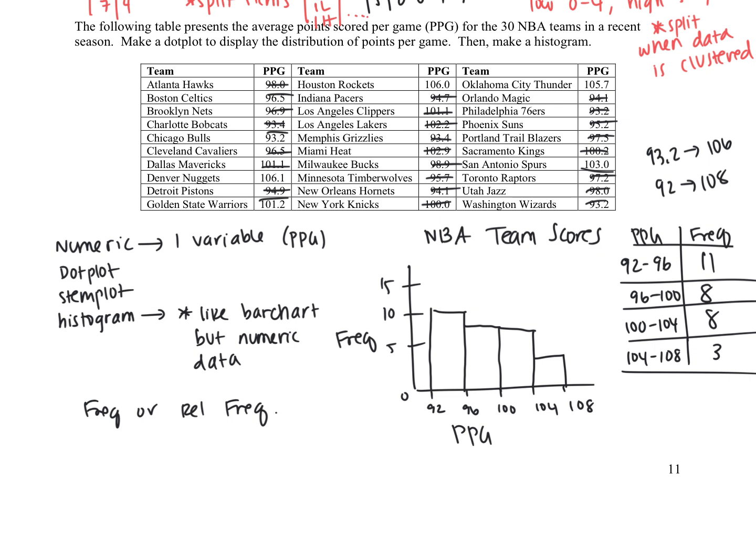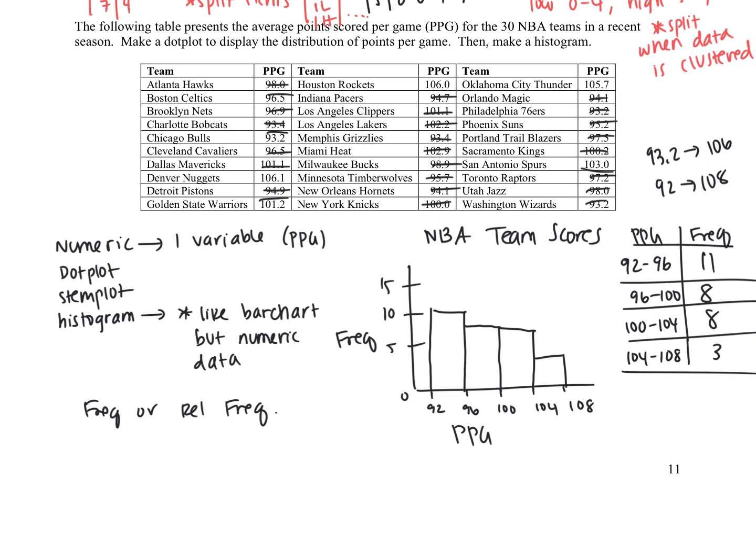Okay. Should be something like the distribution of points scored per game for 30 NBA teams in a recent season. The center. Where do we say the center is? About 98. Great. Shape? Skewed right.